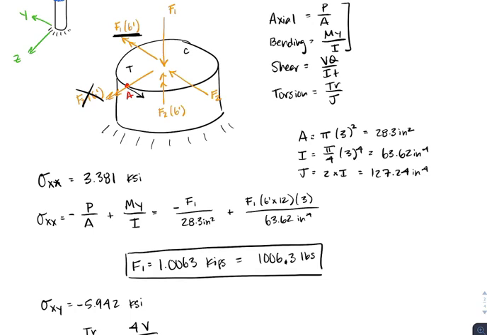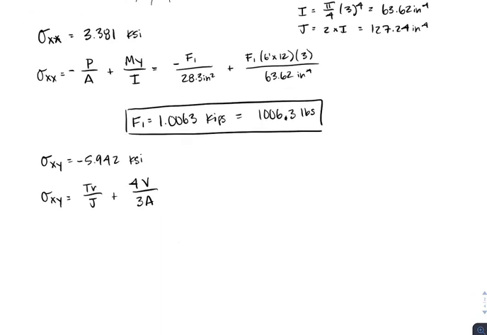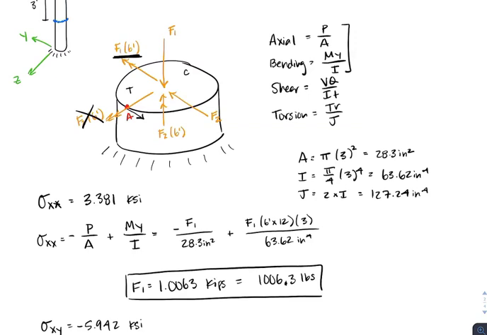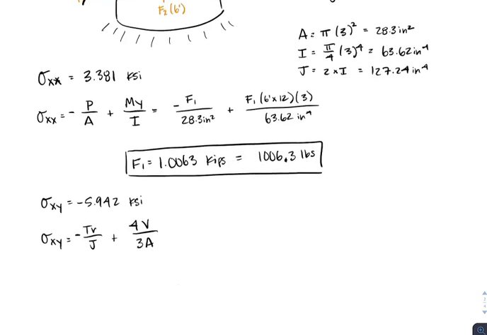So that means that this stress is going to be negative. So if we rewrite, we're going to have a negative in front of our TR over J. And then for our shear stress, if you were to draw an arrow based off the direction of our shear stress, that arrow would be going in the positive y direction. So that means we're going to keep it as a positive 4V over 3A.